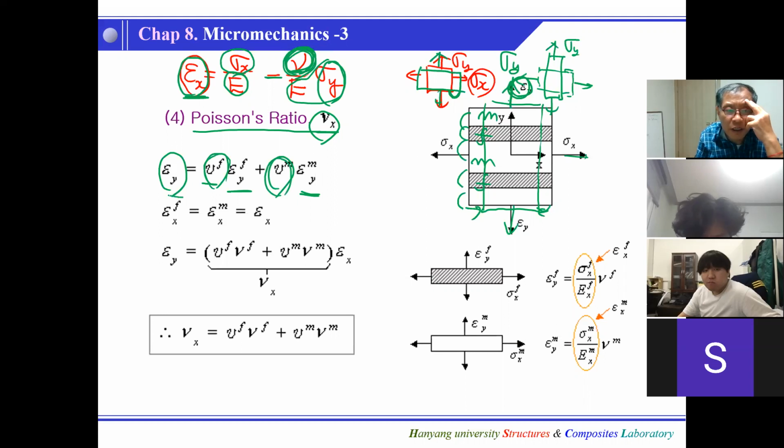So in the Y direction the strain is given like that, and the extensional strain is given like that. In other words, the fiber directional and matrix directional strain in extension is the same as a UD. So we simply put this equation here, and these are all the same as EX.